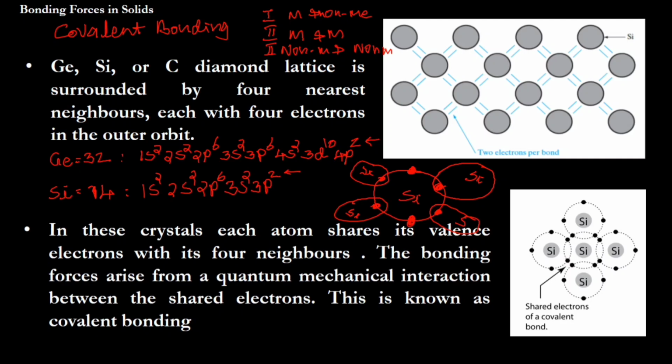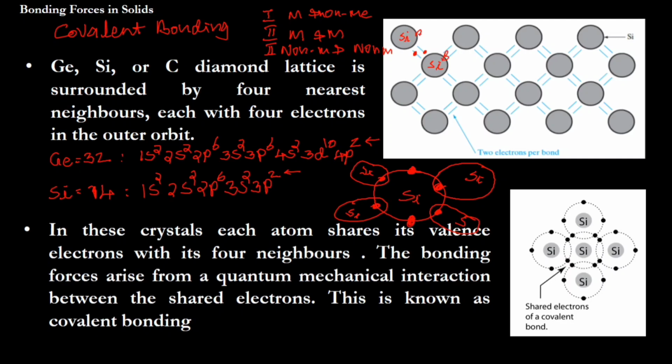So it's very simple. 4 electrons are required to become stable in the case of germanium and silicon. So silicon is going to share its electrons with 4 neighbors. In a similar way, other silicon atoms are sharing electrons with their neighbors. So here Si, silicon. You can consider this is Si-A, this is Si-B.